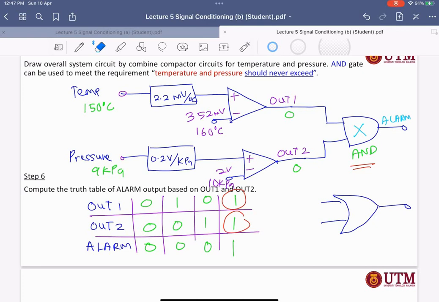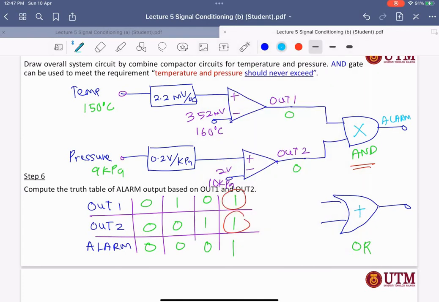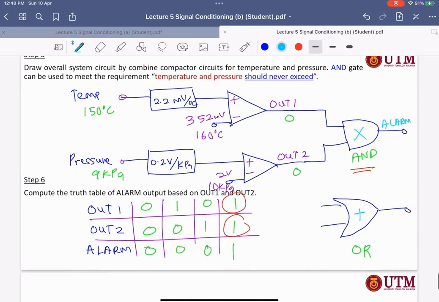Yeah, OR gate. Good job. This one is the OR gate. OR gate means you just need to plus it. 0 plus 0 will be 0. 1 plus 0 will be 1. 0 plus 1 will be 1. 1 plus 1 will be 2, which will be 1.